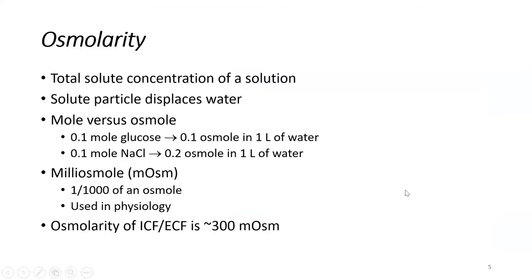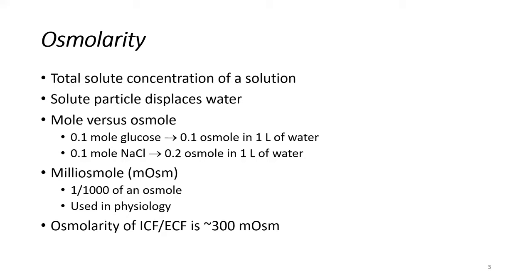As far as the difference between the mole versus the osmole, when we talk about osmolarity, it's the total solute concentration in a solution. All the dissolved particles in that solution contribute to the overall osmolarity. So we can have 0.1 mole of glucose. If it's dissolved in a liter of water, the overall osmolarity of that solution becomes 0.1 osmole.